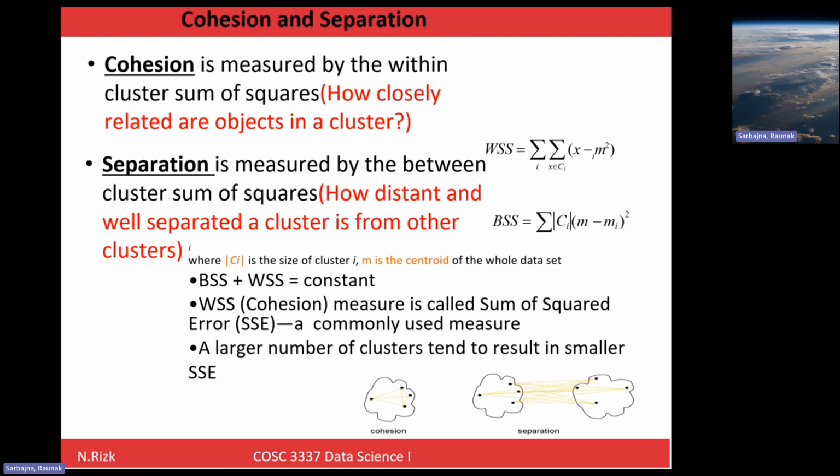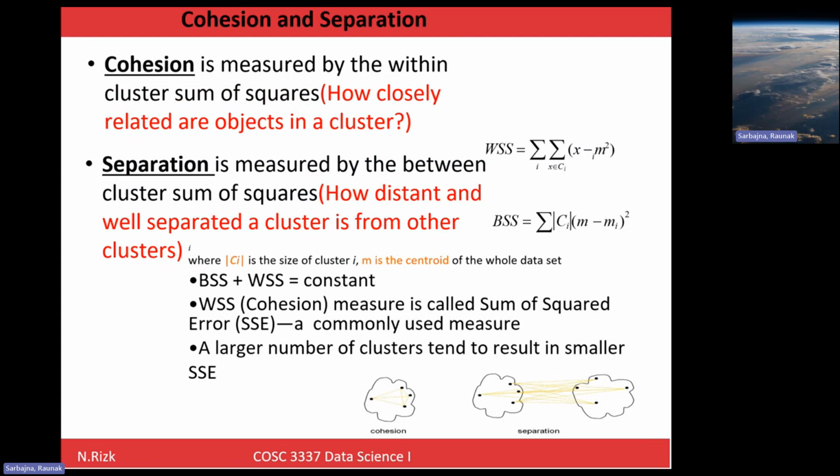The cohesion measure is called the sum of squared error, which you have all probably heard of, which is the sum over the error squared. So essentially, it eliminates modulus errors between clusters. So BSS and WSS are what we're going to be using to find the silhouette coefficient.